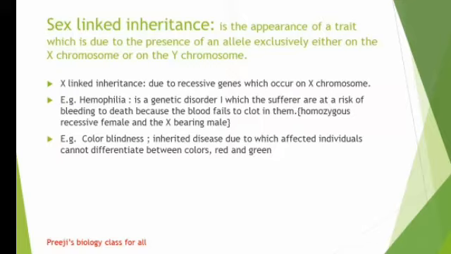One example I will tell you: hemophilia is one example. It is a genetic disorder. Whoever has hemophilia is in such a condition that through a small injury, blood may be lost and may lead to death.